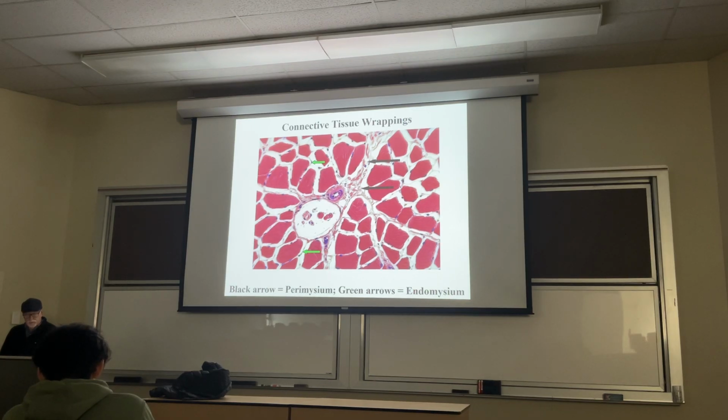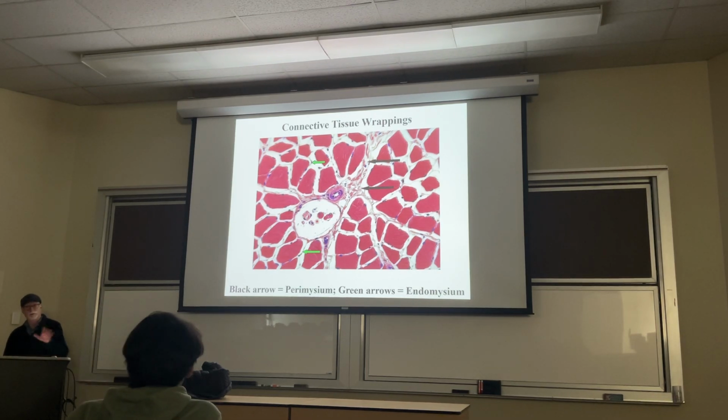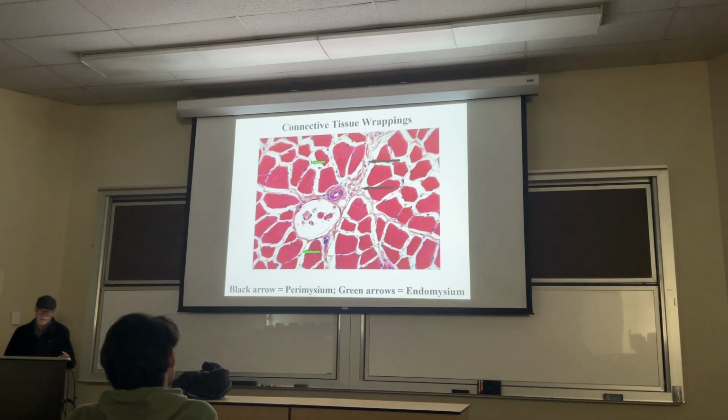Well, this is an arteriole. This is a blood vessel in cross-section. This is a vein. We're going to look at those a little later on in this quarter, right? But that's what these are, if you're wondering. So this is connective tissue, this is blood vessels, and these are the skeletal muscle cells, and this is the connective tissue around it. So that's what we're seeing there.